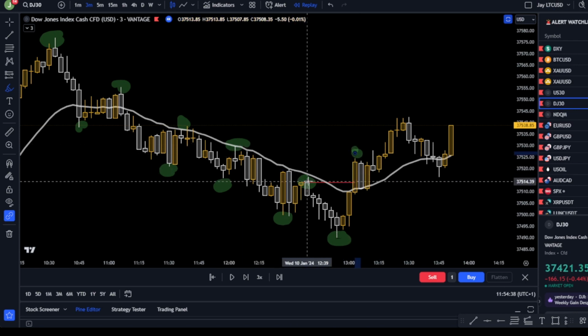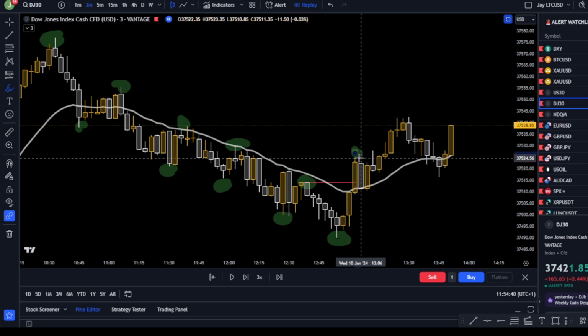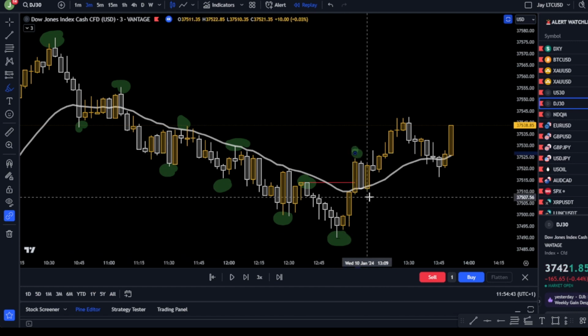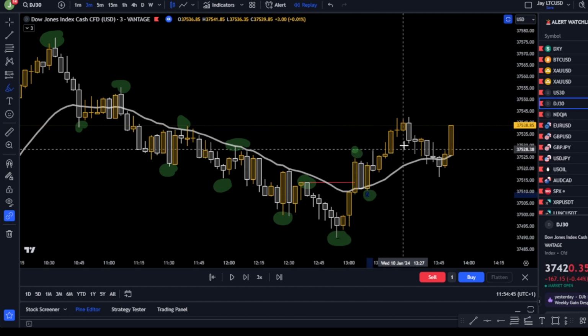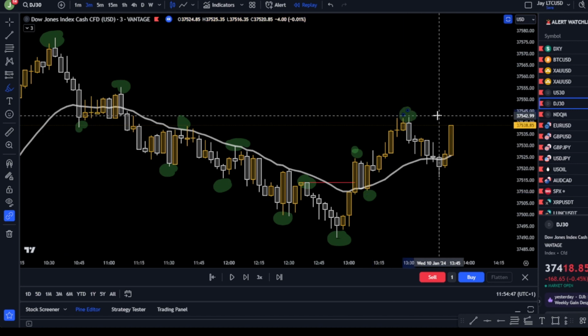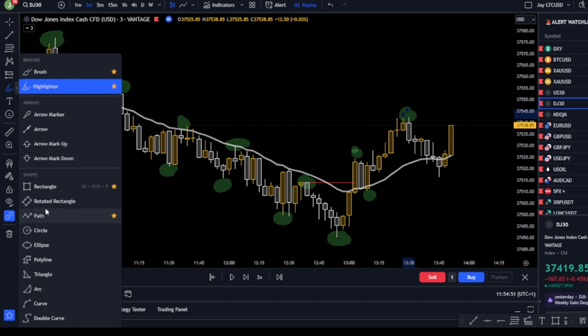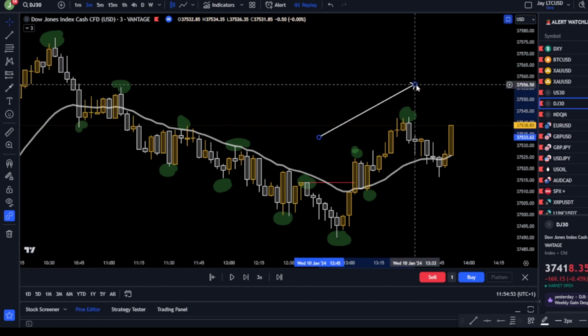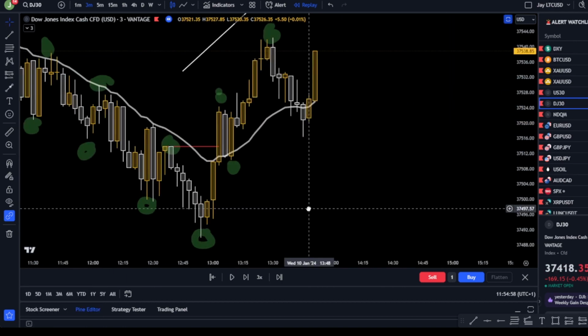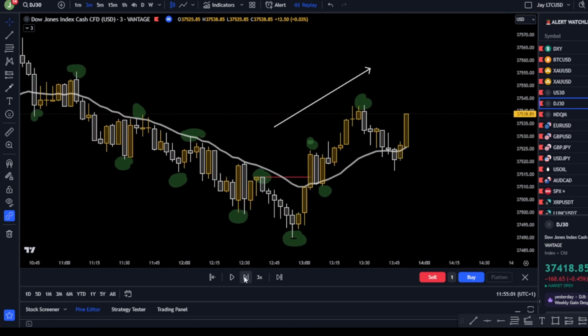Lower highs, and now a higher high from this low. And it creates a higher low, higher high. So now we have an upwards shifting market. Boom, market is bullish.